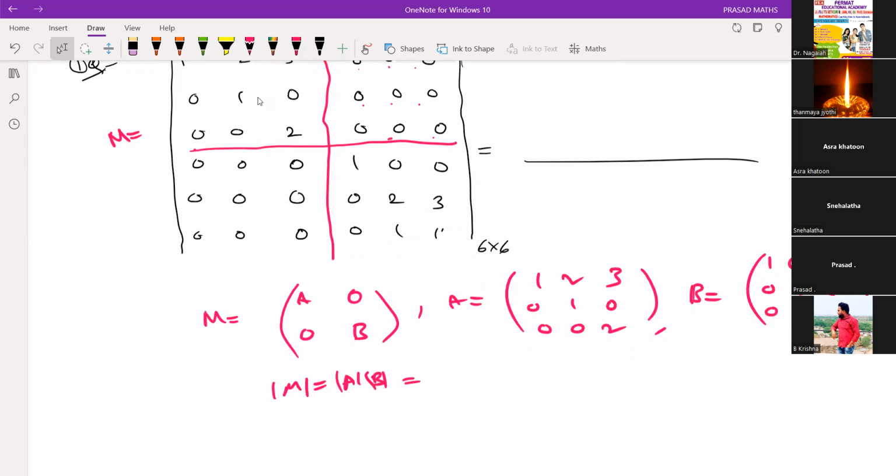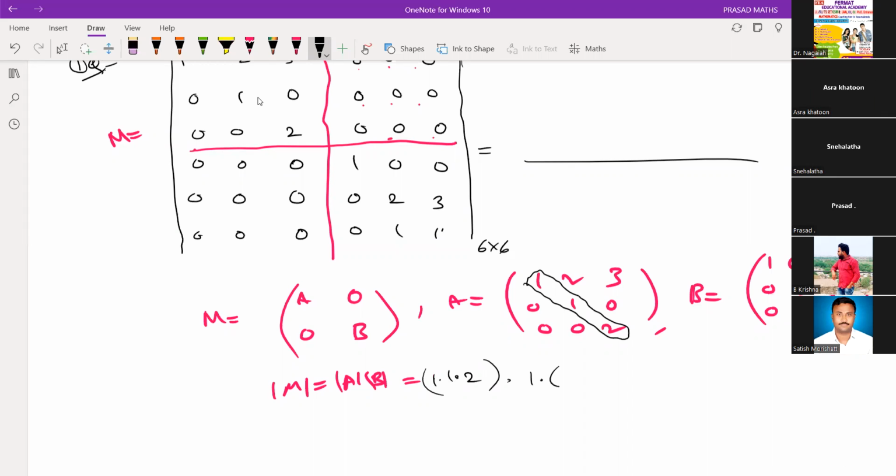What is det A? It is nothing but an upper triangular matrix, and for that the determinant is the product of the diagonals. So 1 into 1 into 2 is det of A. Next, what is the det of B? 1 into 2 into minus 3, plus 1... therefore this is 2 into minus 1, which is minus 2.